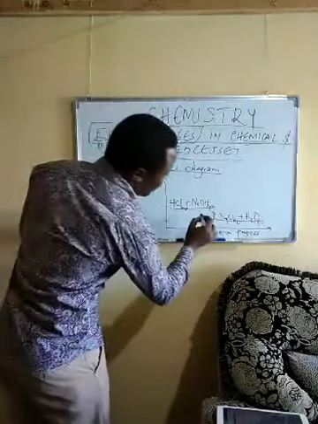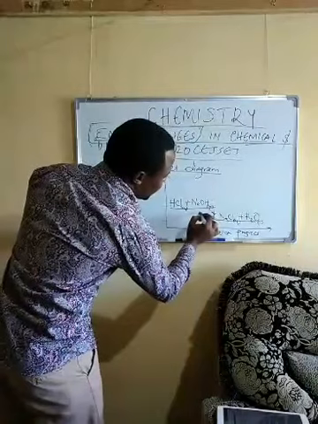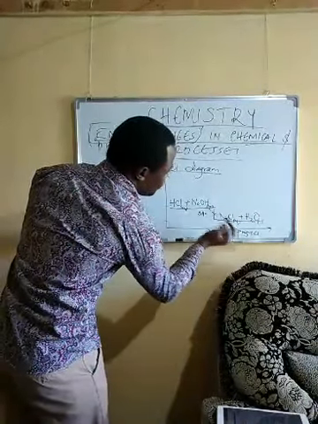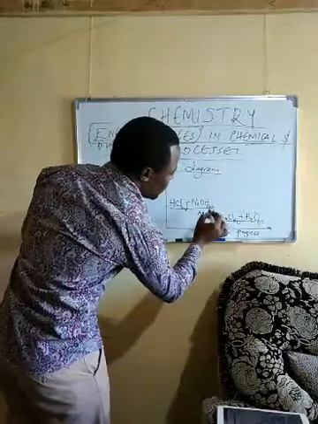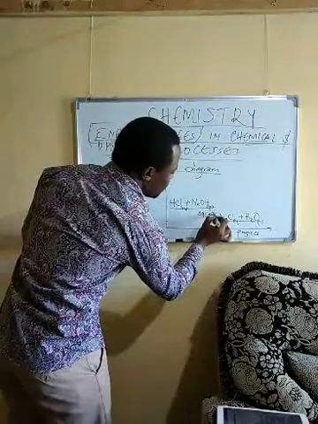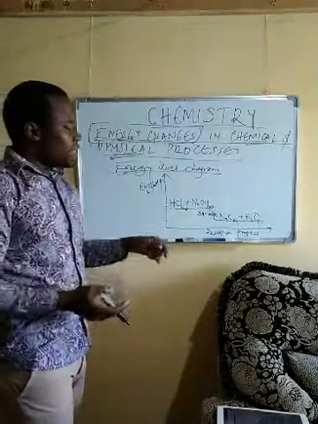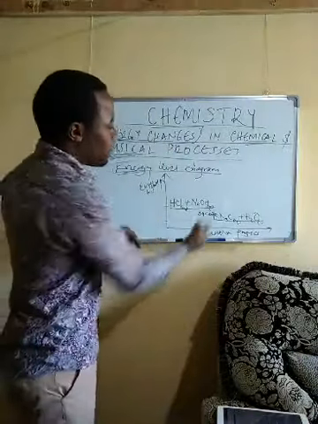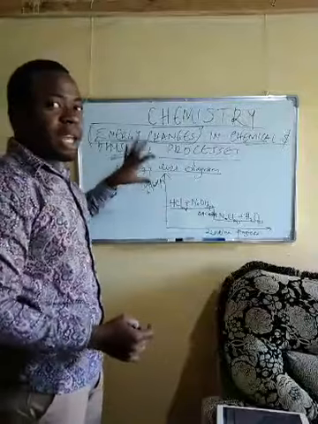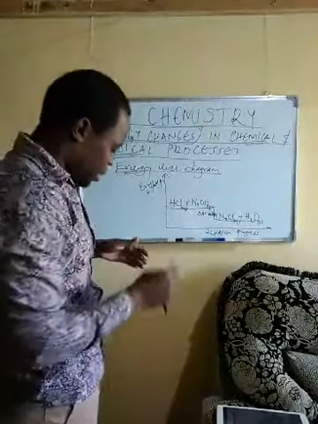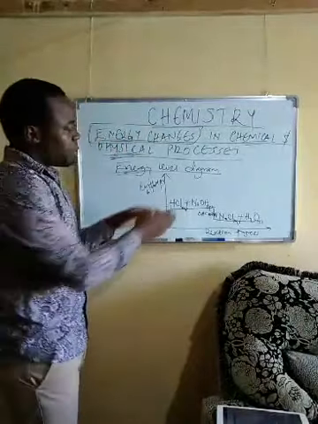So this one here can be indicated as delta H is equal to negative, I think I used 423 kilojoules. So that one will be indicated there, right there. The energy change can be shown here. So this is what we call an energy level diagram, a graph showing how energy is changing from the reagents to the product.